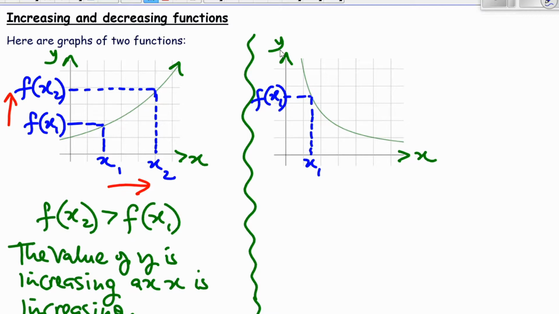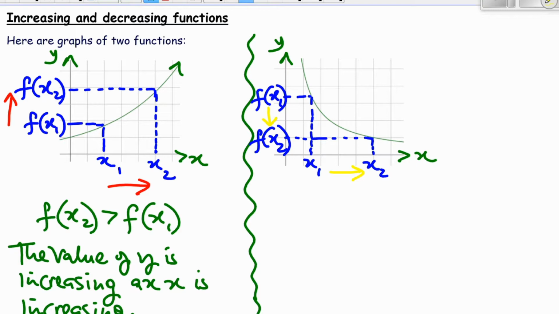And suppose this is x2, which means this will be f(x2). Now we can see here that as x is increasing, y is decreasing.